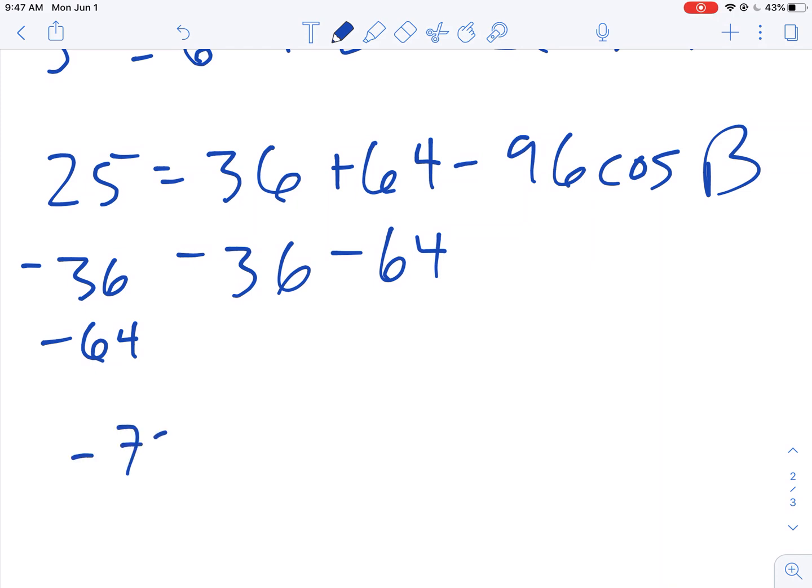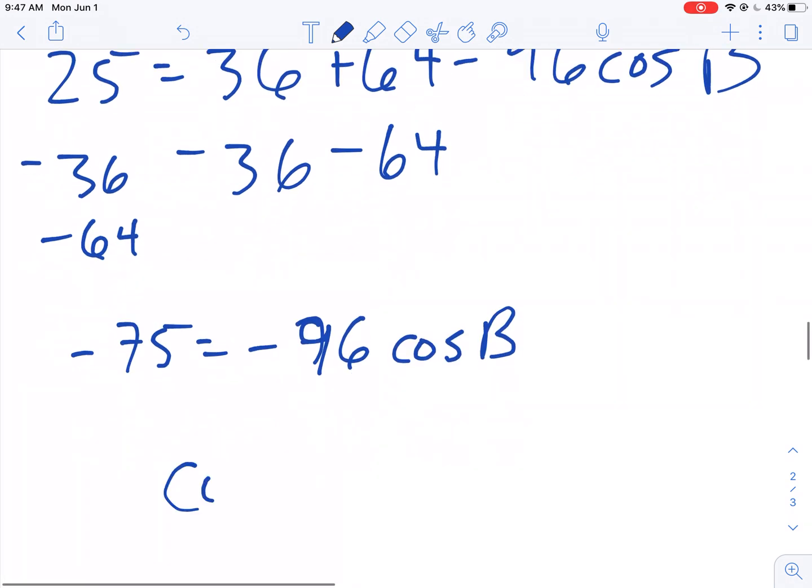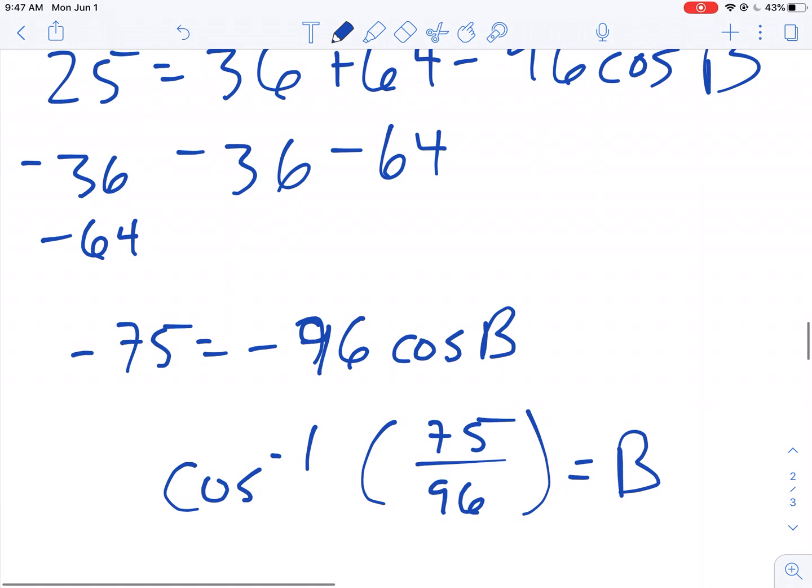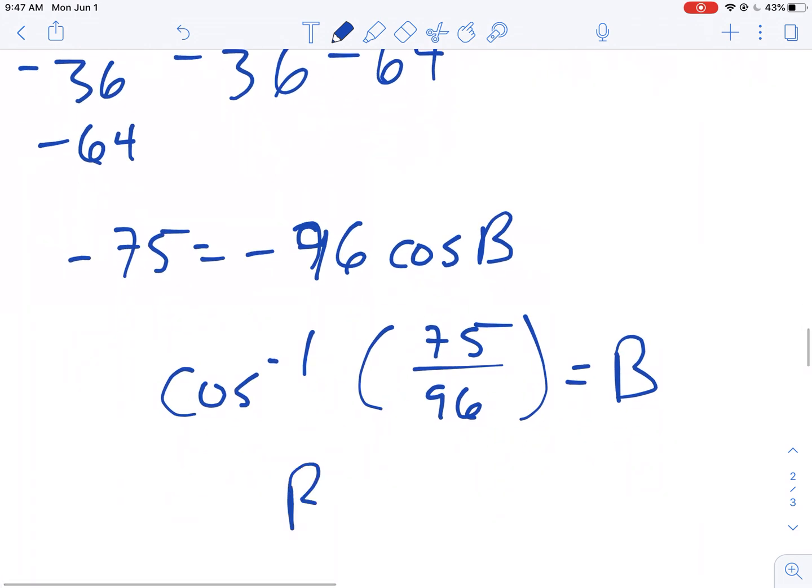So this is negative 75 is equal to negative 96 times the cosine of B. The cosine inverse of 75 divided by 96 will be equal to B. So we'll set that up and figure out what that is, and we find that B is equal to 38.6 degrees.